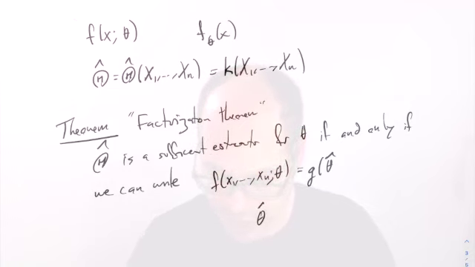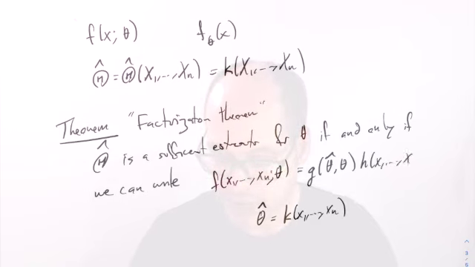So theta hat, I'm really just calling my function, let's say it's k of x1 through xn. So it's something that just depends on this function of x1 through xn and the parameter theta, times some other function which only involves my observables, my sample. But the critical thing is there's no theta here. It doesn't depend on theta.